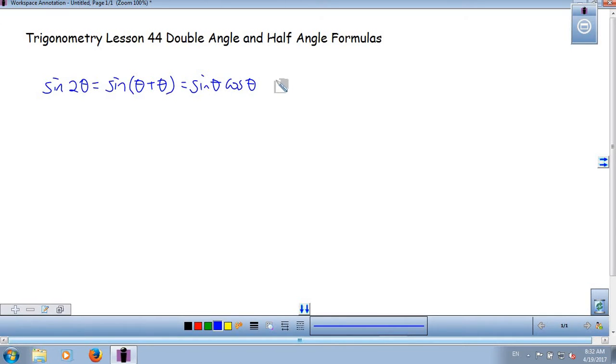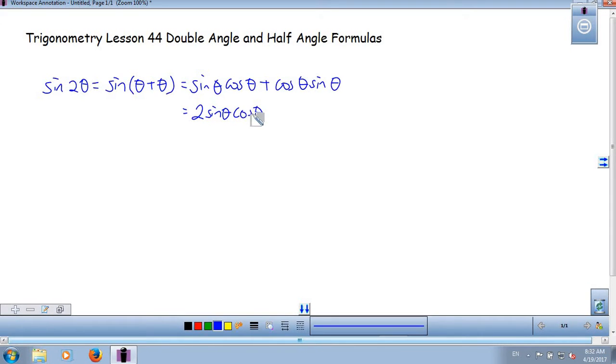It's going to be sine theta cosine theta plus cosine of the first angle times sine of the second angle. Because theta and theta are the same angle, we have two expressions exactly equal to each other, so we can combine them to become 2 times sine theta cosine theta.